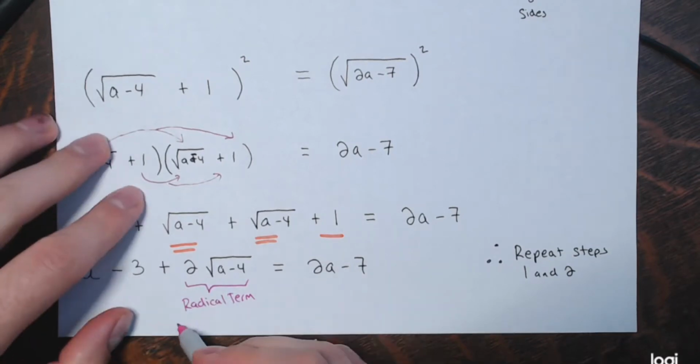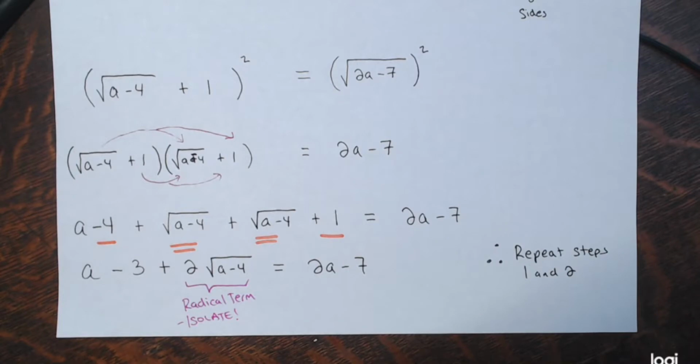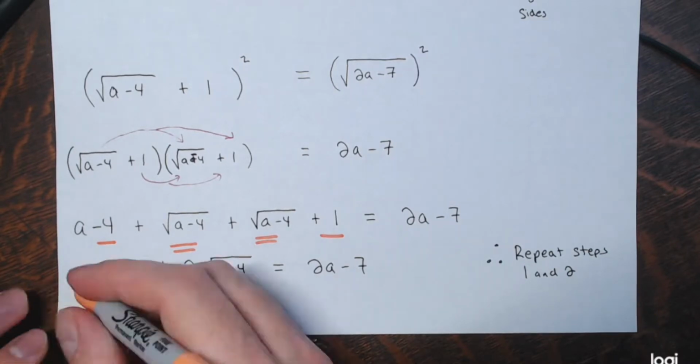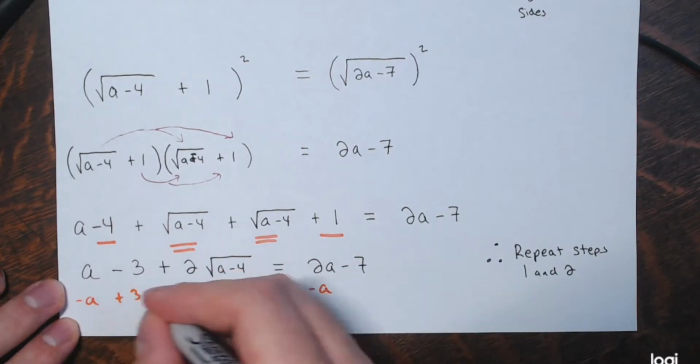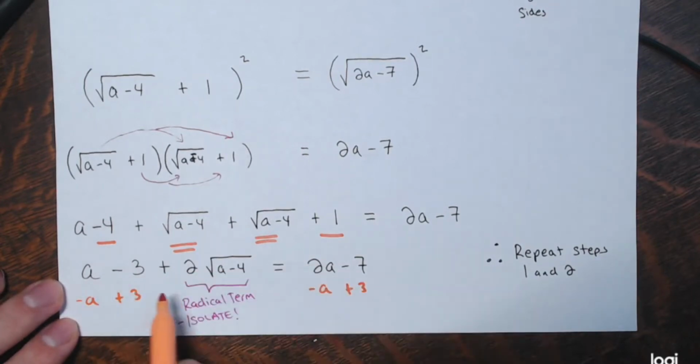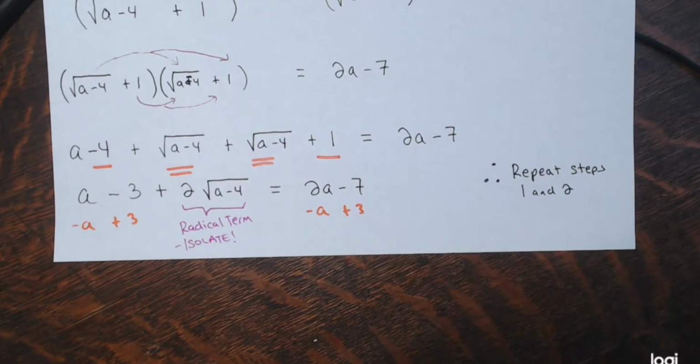So, just like I said earlier, let's isolate this. Let's get this term alone. So that'll involve subtracting a and adding 3. I would subtract a from both sides, and then I would add 3 to both sides, and that'll get all the terms that aren't a radical, that don't have a radical attached, to the other side.